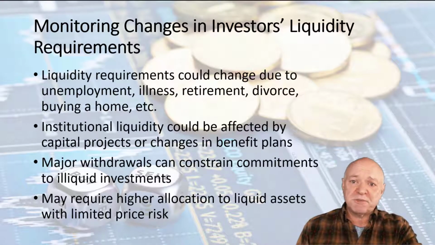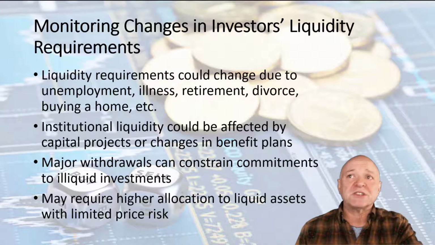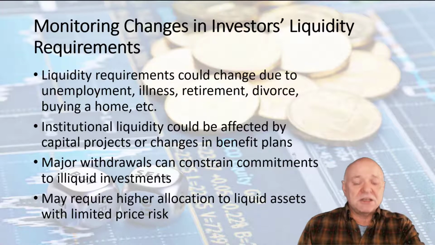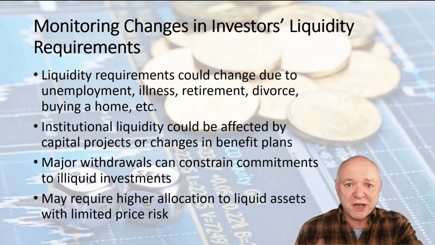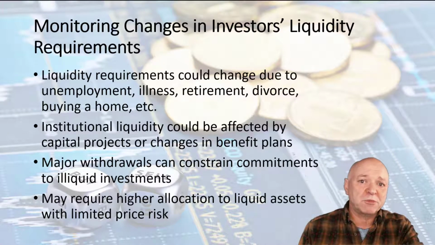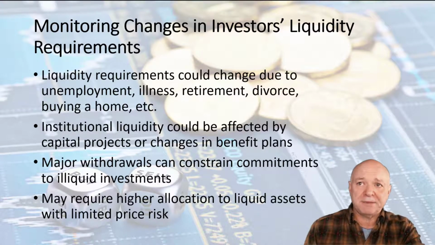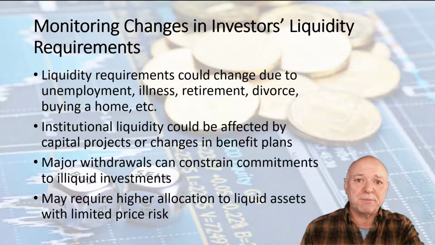Liquidity requirements may also be a factor. Liquidity requirements could change because of things like change in employment status, illness, retirement, divorce, buying a home, and so on. Institutions may see liquidity affected by large capital projects, which create short-term claims against that wealth pool, or changes in a benefit plan, changes in demographics for perhaps a beneficiary population of retirees.